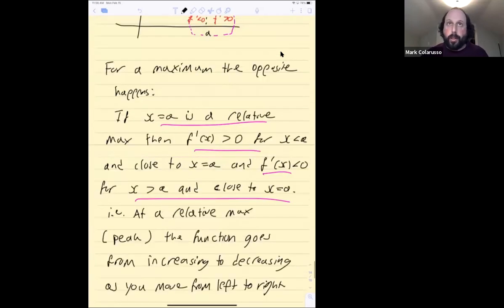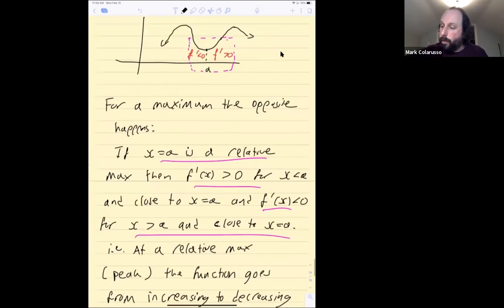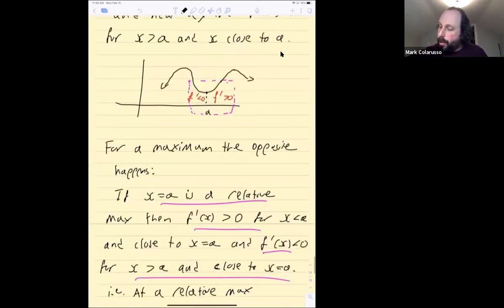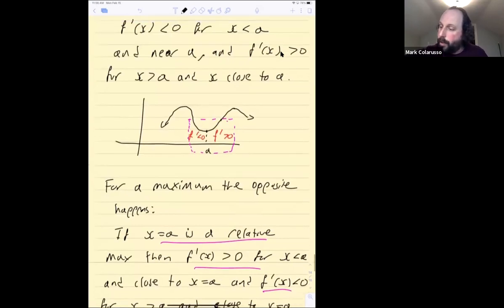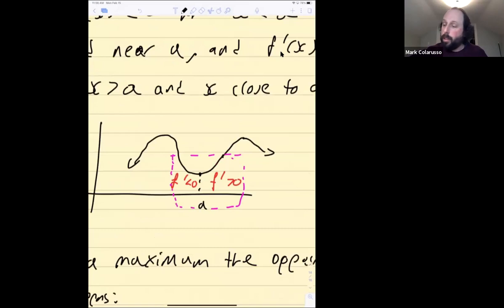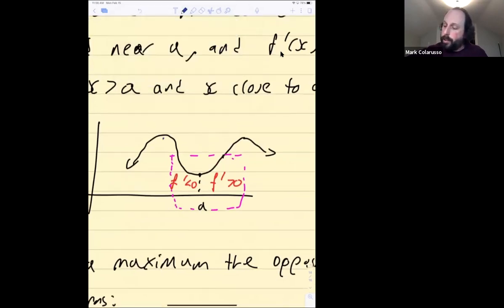And we can see that in the picture above. So if we instead look at this point, I'll call this point B, right? That's a relative max. Here you have f prime greater than 0 just to the left of B, and you have f prime less than 0 to the right of B. It switches in this snapshot.